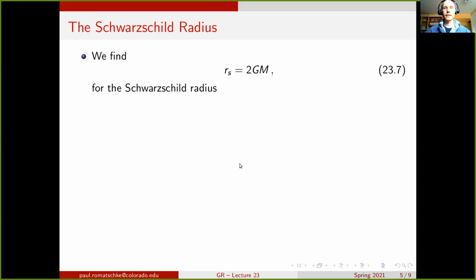So we find that if we do this identification, we get a value for rs. The value for rs is 2 times G times M. And that means we get a result that links this constant that appears in the Schwarzschild solution to the total mass that is inside a volume of radius r.